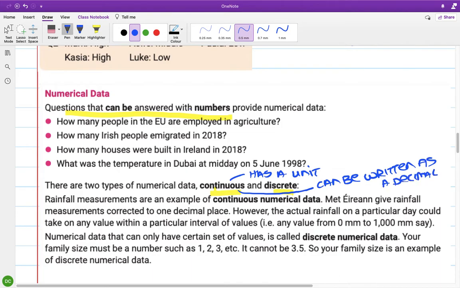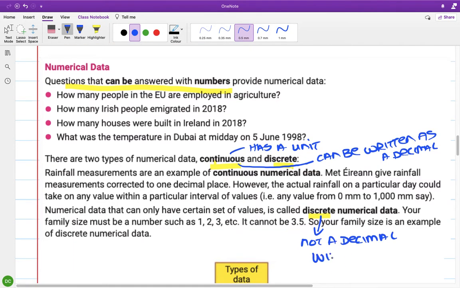Now let me go on and talk about the other one, discrete, as sort of a contradictory or opposing view of what continuous is. So discrete generally is not a decimal. Okay, so it tends to be whole numbers.